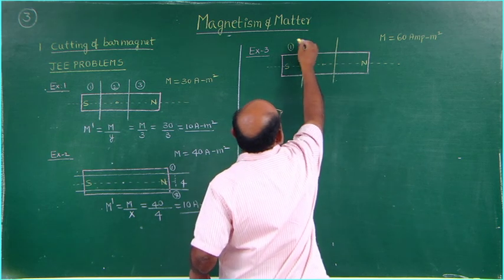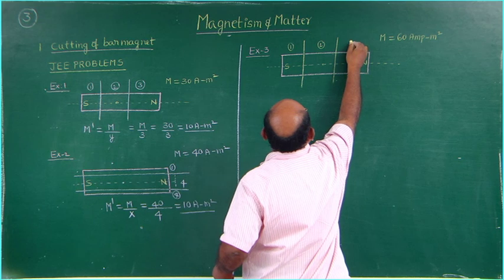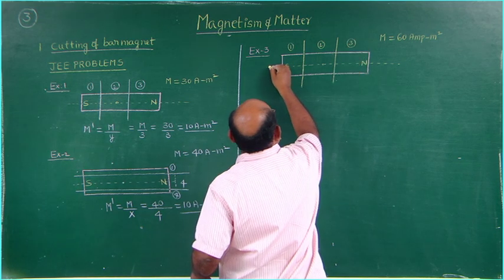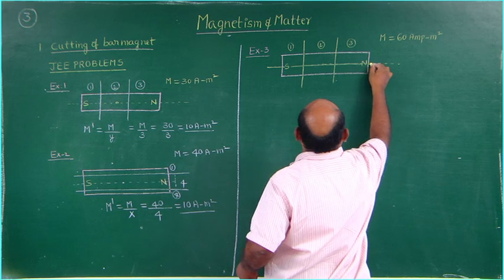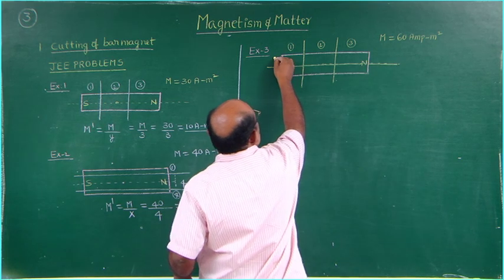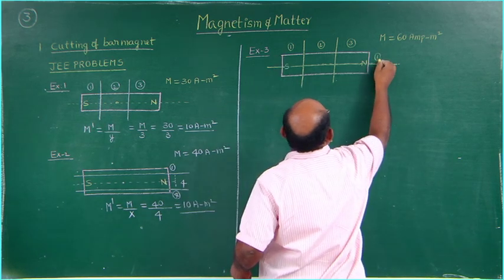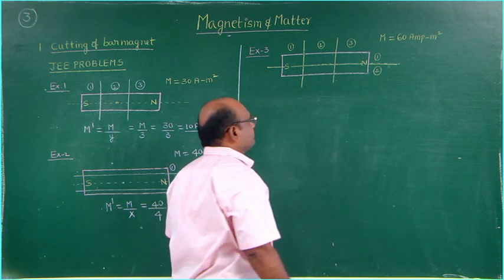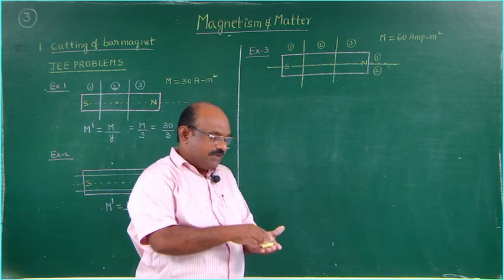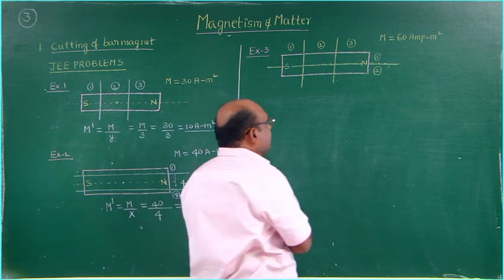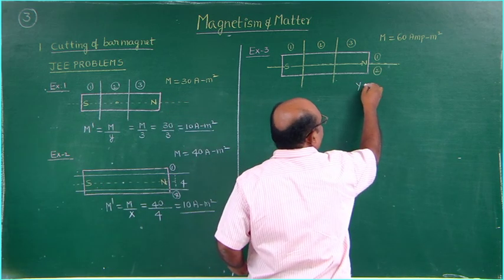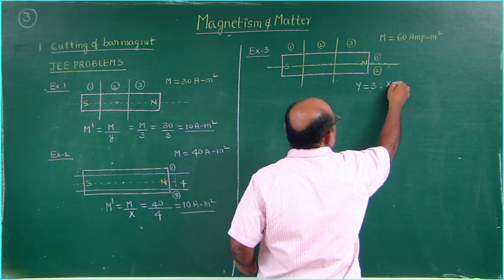Now it is made into 3 pieces along the y direction: first piece, second piece, third piece. They also made 2 pieces along the x direction: first piece, second piece. Clear? So y cutting is 3, x cutting is 2.